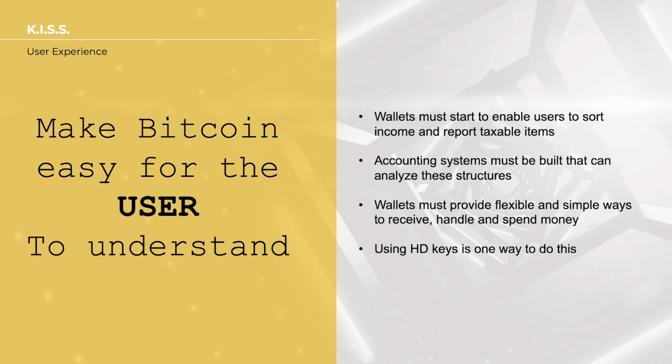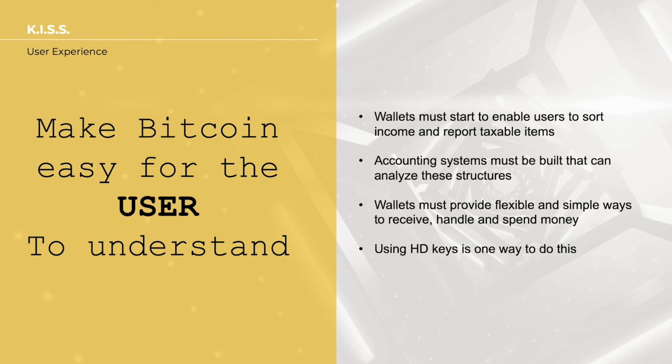And so wallets need to be able to enable users to sort income and report taxable items. We need to have accounting systems that can look at these trees and pull information out of them and use those for reporting and things like that, because at the moment, that's something that we don't have.